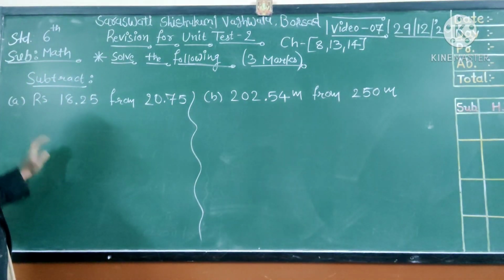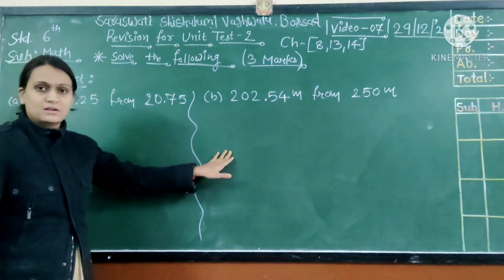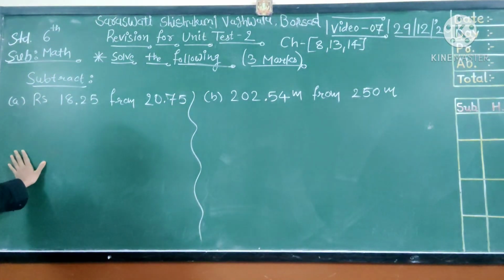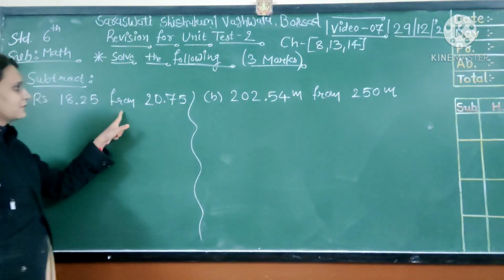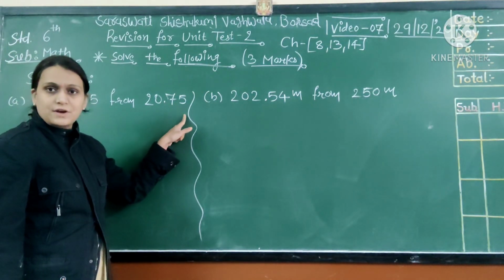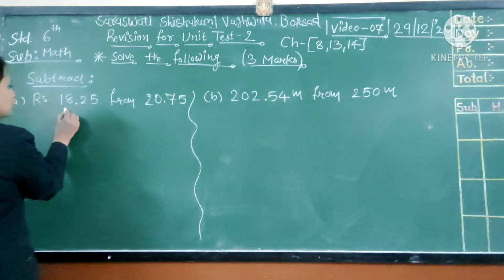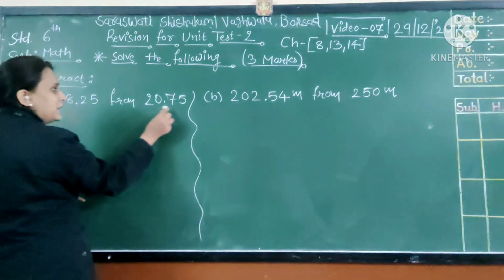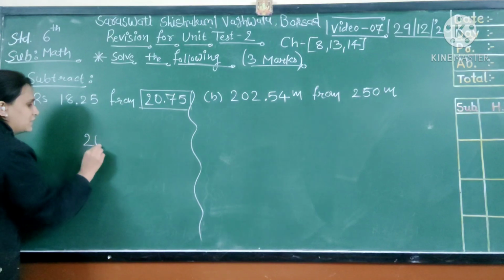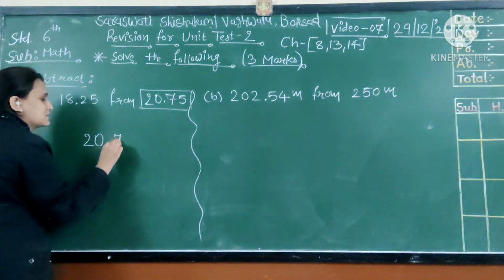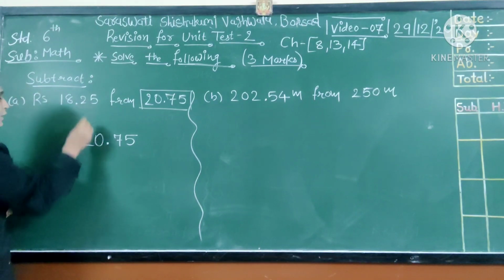In the first question, we have to subtract rupees 18.25 from 20.75. So we have to write first 20.75 minus 18.25.